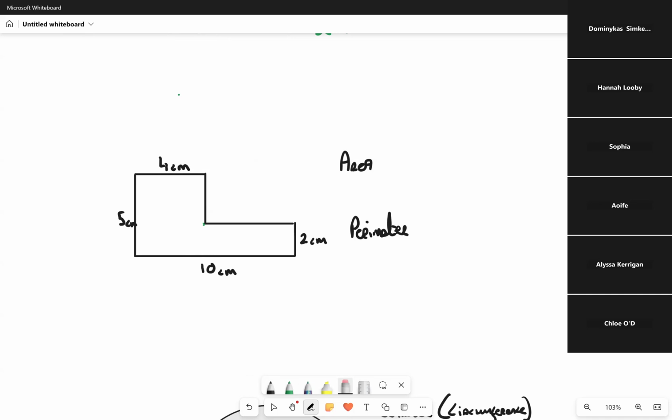A minute to do that. And we're talking about area this time, right? We'll get on to perimeter.